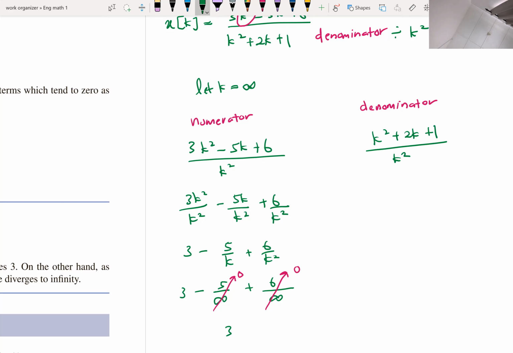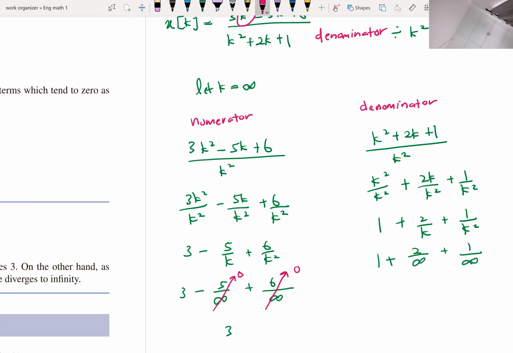Simplify, breaking it into one by one. k squared divided by k squared is 1, plus 2 over k, plus 1 over k squared. Convert k into infinity: this one will be 0, this one will be 0. So what is left is 1.